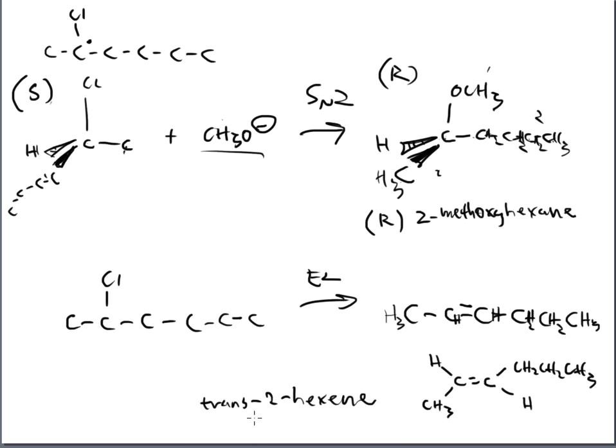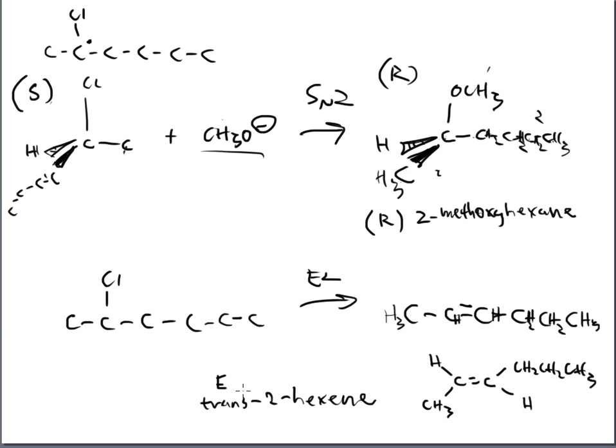Trans 2-hexene is going to be a little bit better than cis. If I didn't want to use trans, well, I can use E. That's up to you. Both of those are okay. I know we're comparing hydrogens. Trans is kind of the default, but they want us to get away from cis and trans whenever possible. So I can write E there as well, and it is accepted.